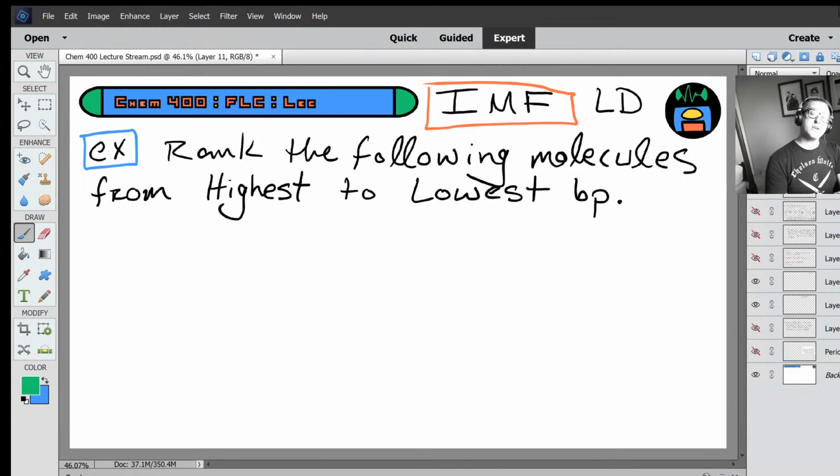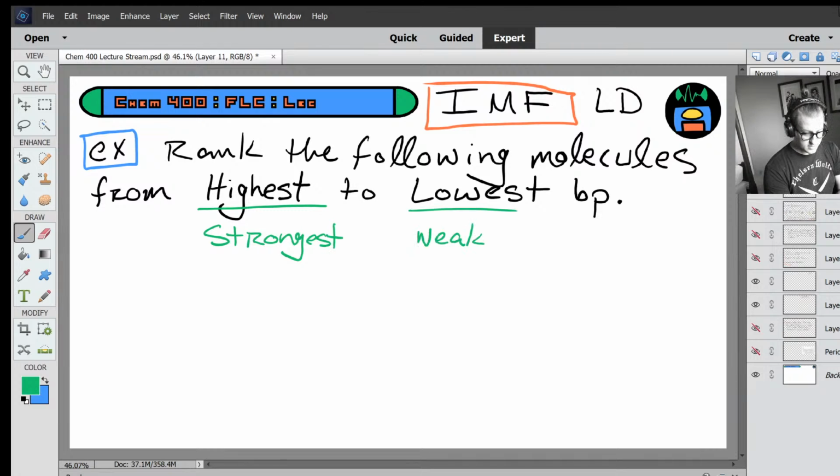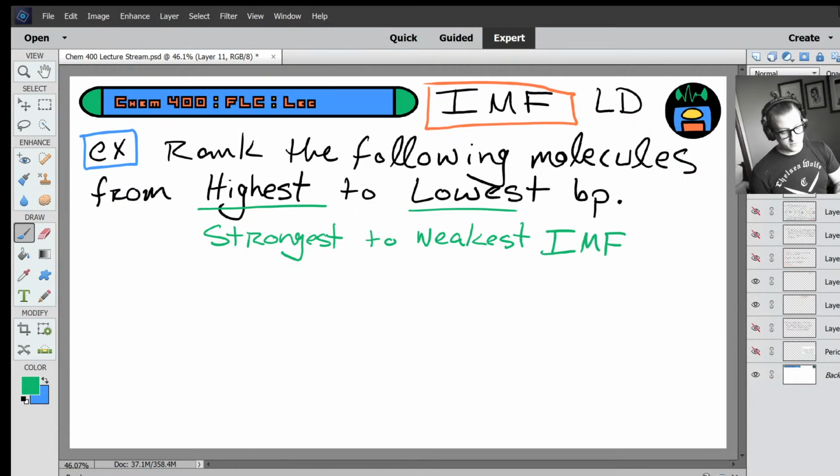Now, whenever you see a question like this, what you want to read is rank them from strongest to weakest intermolecular forces. The highest boiling point will have the strongest intermolecular forces. The lowest boiling point will have the weakest intermolecular forces.